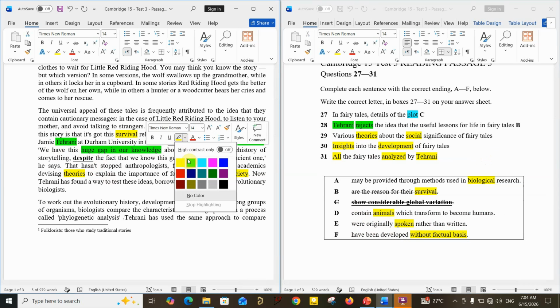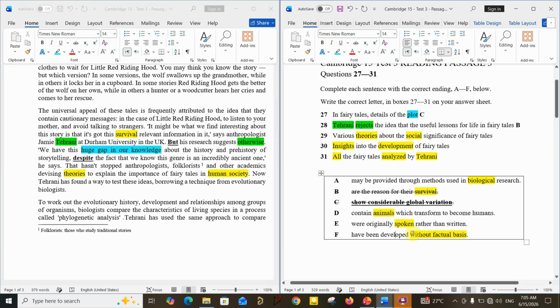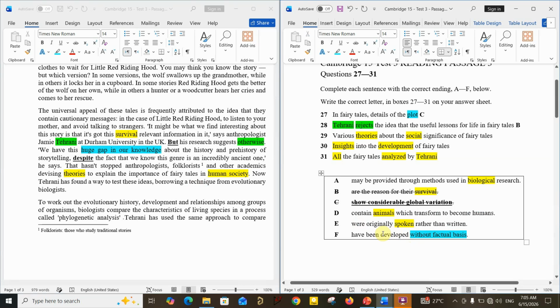We have this huge gap in our knowledge, without factual basis. You see how they paraphrase it, how they use paraphrasing in this kind of questions. So for 29 you had to write F in front of it for the answer, and again you cross out this one as well.